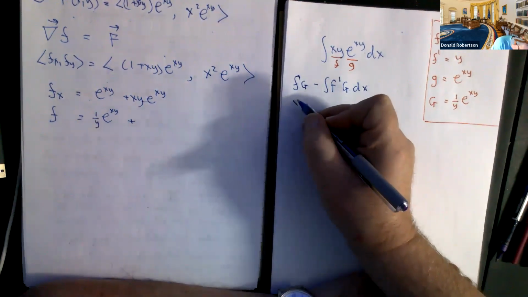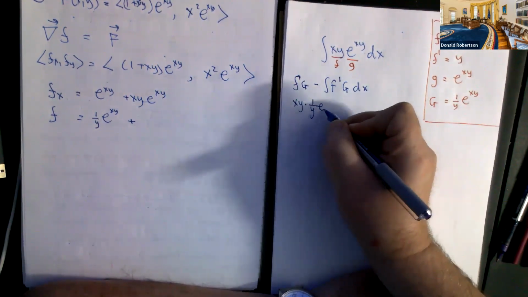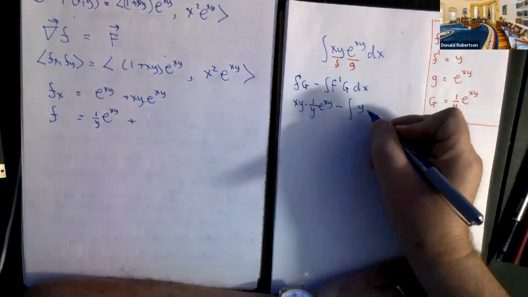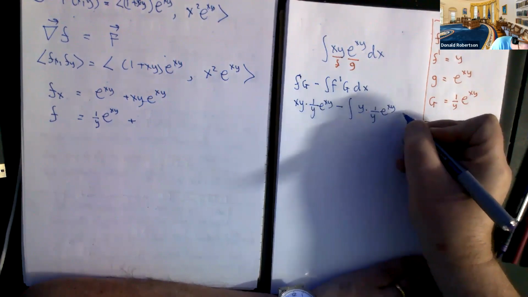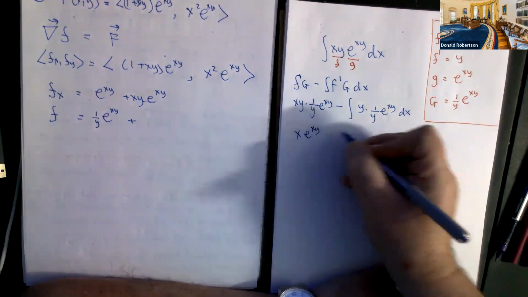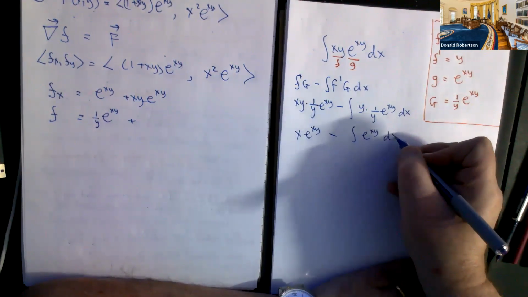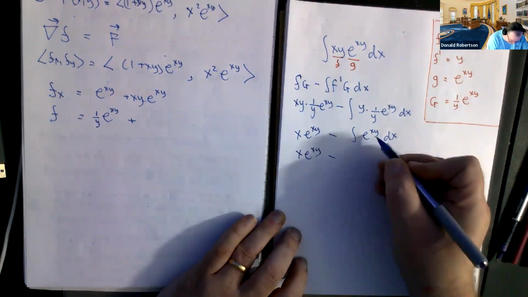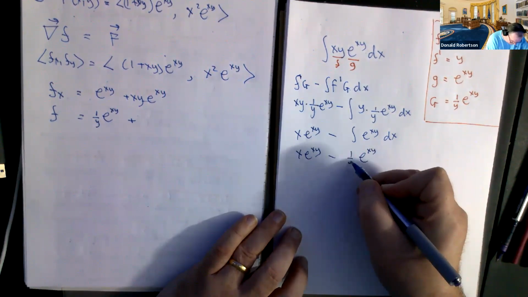So you're going to get xy of this guy, take away the derivative, which is y, times this guy, dx. A little tidying up, you get this guy. And now, you integrate this guy with respect to x, you get e to the xy times another one of those guys.